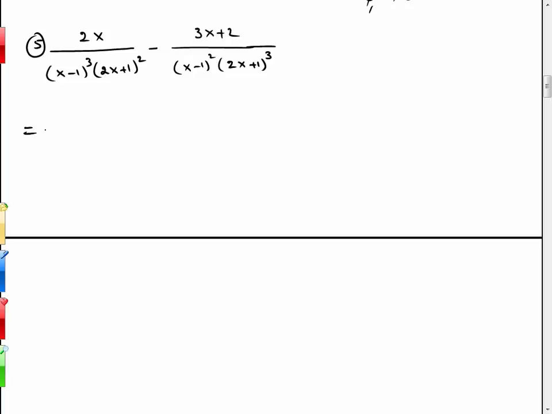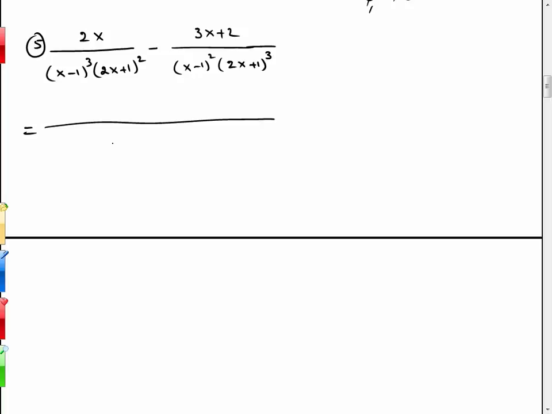Put an equal sign, put a big bar, and figure out what the LCM of the two denominators is. There's a (x minus 1) cubed in the first denominator, and there's a (x minus 1) squared.